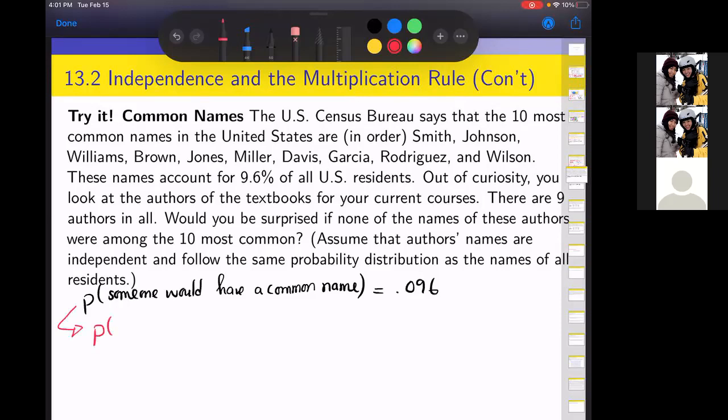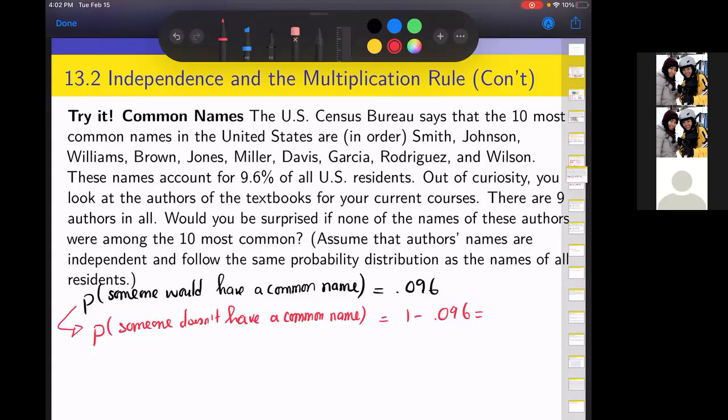P of someone doesn't have a common name is what? 1 minus 0.096, right? Either your name is one of these or you're not one of those, right?